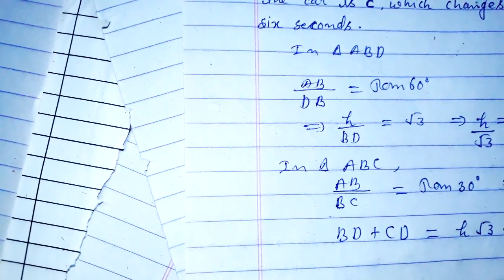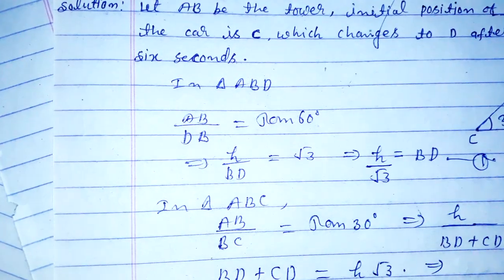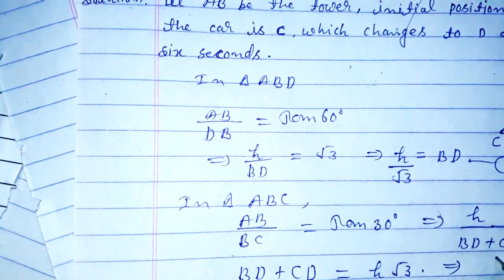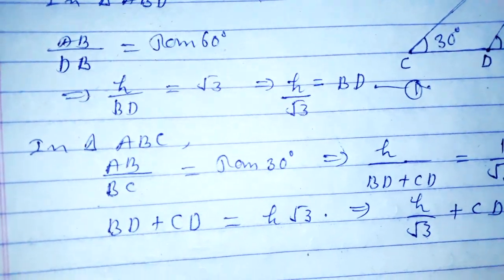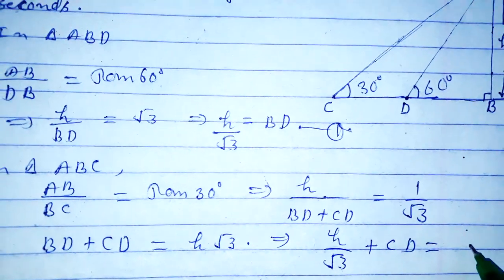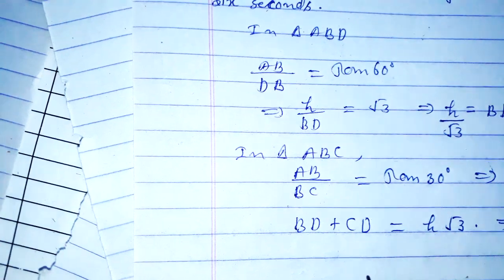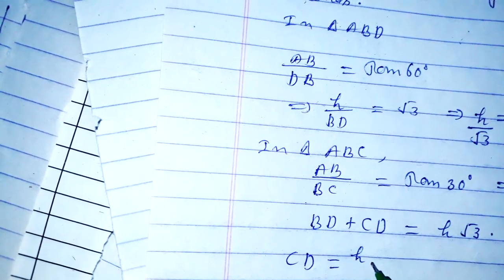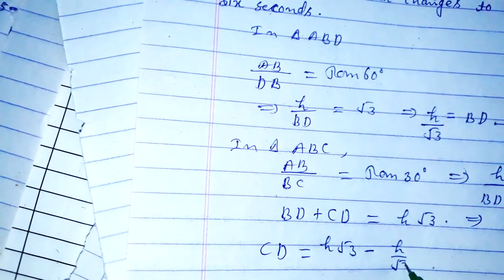The value of BD is H upon root 3, so H upon root 3 plus CD is equal to H root 3. So CD is equal to H root 3 minus H upon root 3.